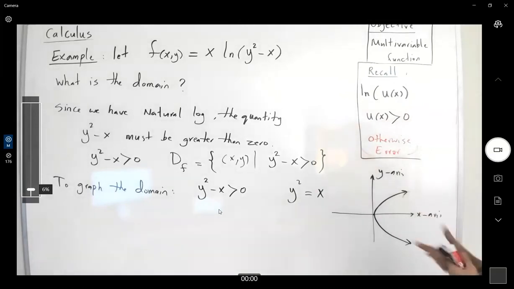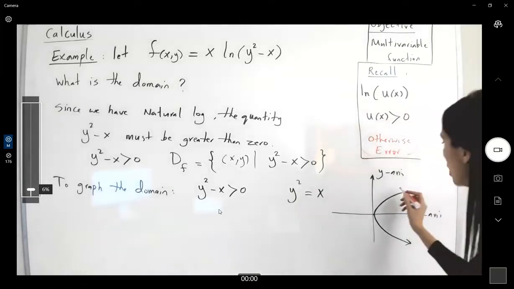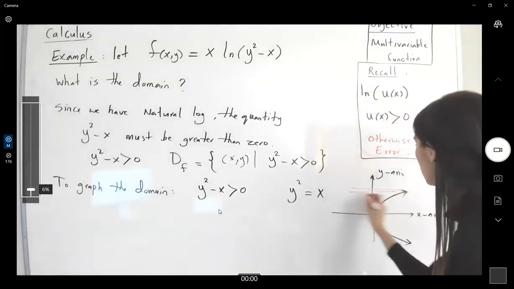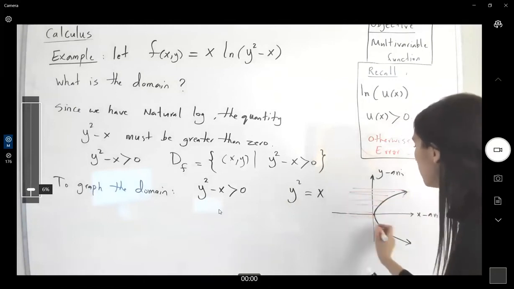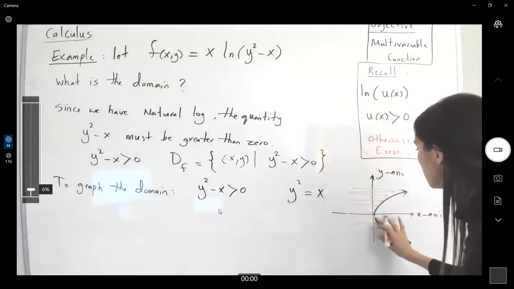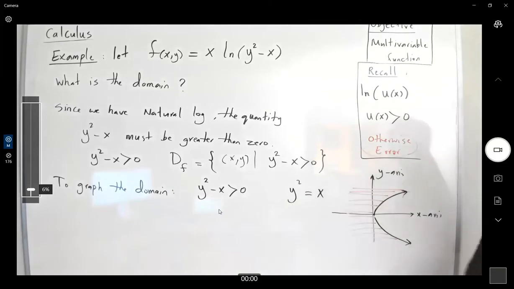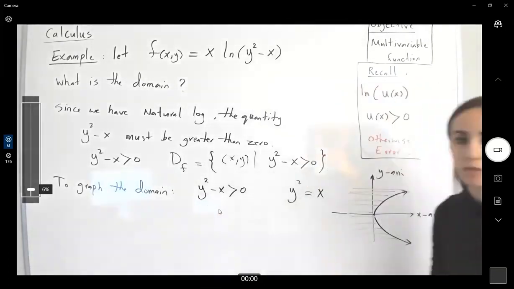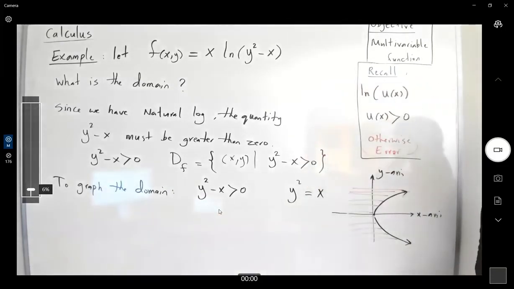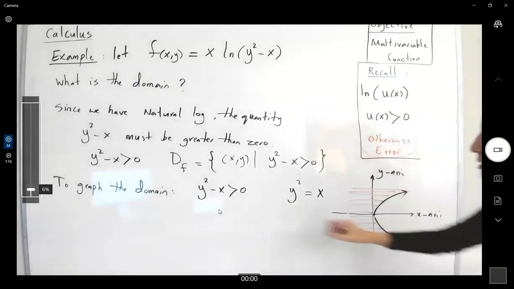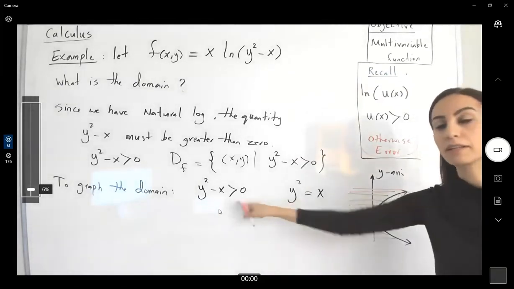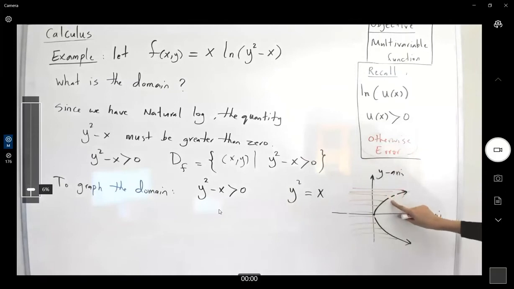What's the meaning of that? It means that you shade the left-hand side. You can plug in values for y and x, or you can just use some random numbers, or you can just solve this. And since it is strictly greater than 0, we have to exclude the graph itself.